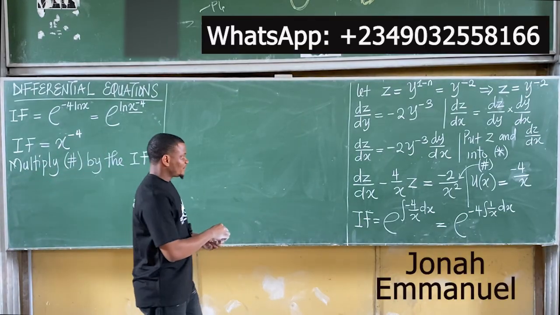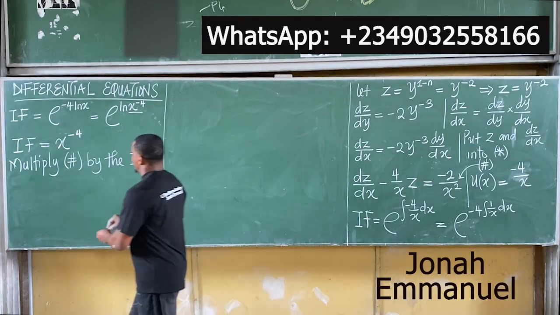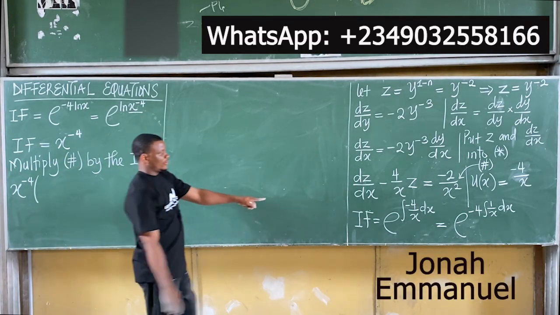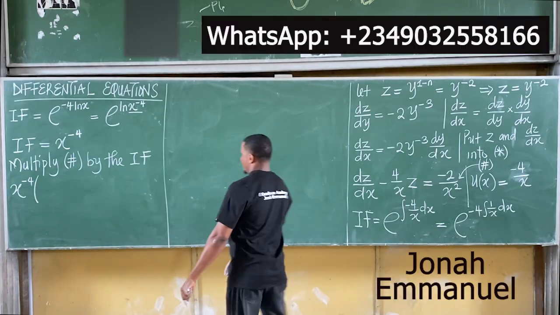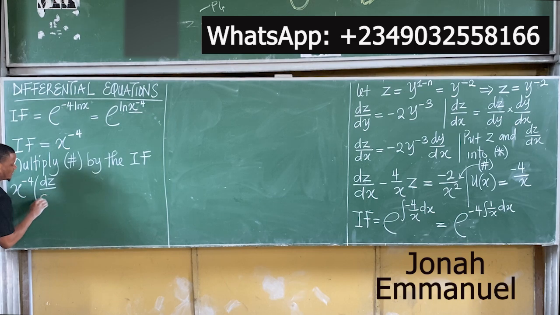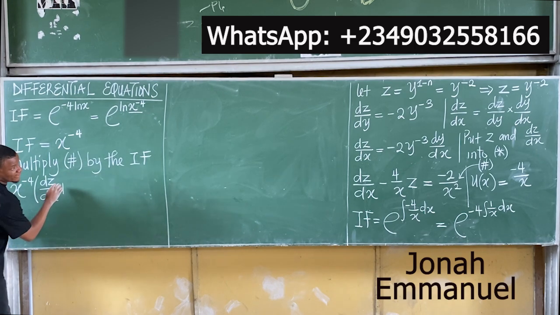What do I have there? I'll have this one here, x to power minus 4 multiplying all of this one here. What I have here is dz dx. Is it plus or minus?